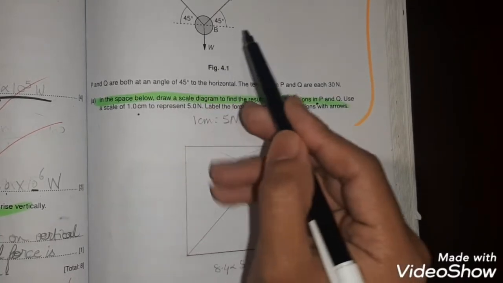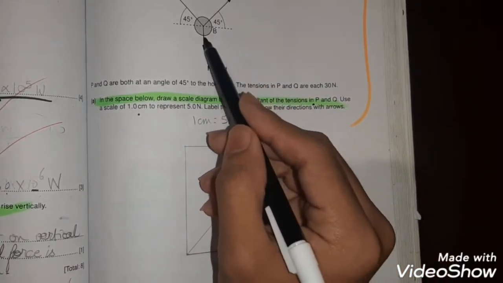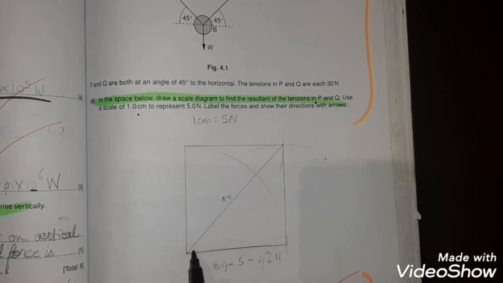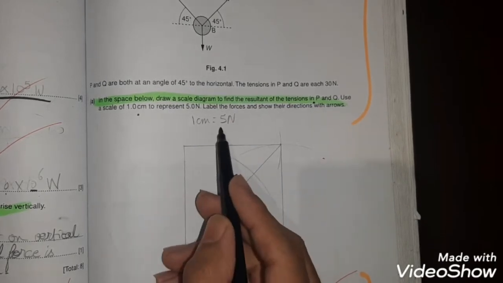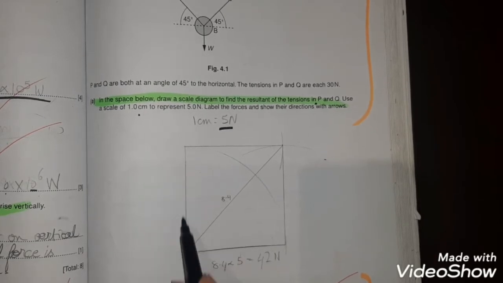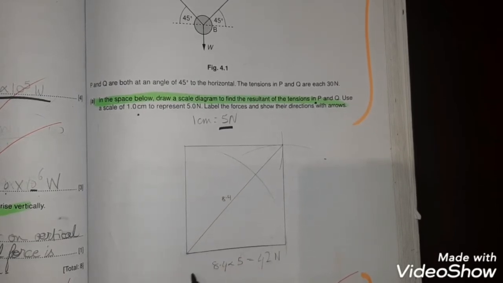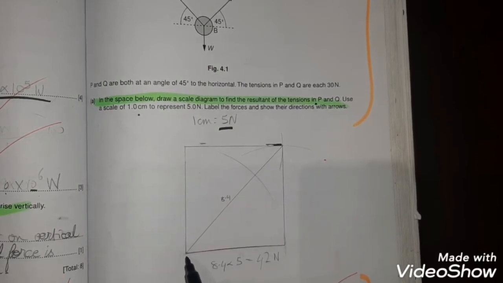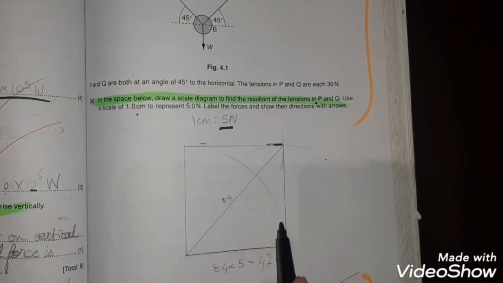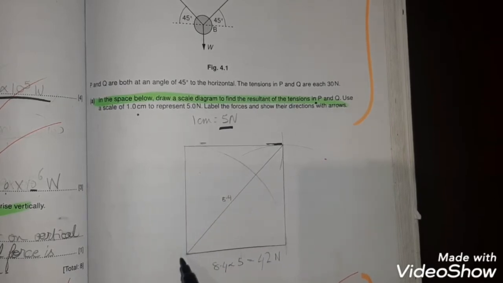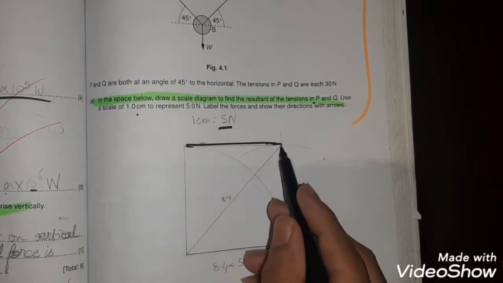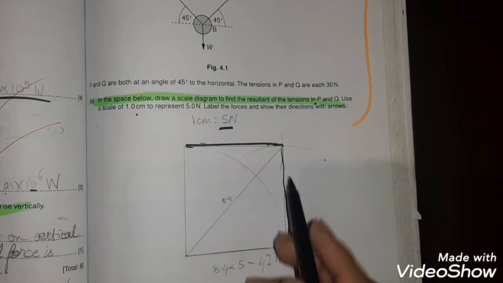So we will mark this W over here, and then we will draw a 30 newton length on the right side and a 30 newton length on the left side, which is 30 divided by 5, 6 centimeters. So this will be 6 centimeters and this will be 6 centimeters. Then we will connect these both on the top using a compass, drawing an R, and after this we will put a point here and connect these both dots with a line.